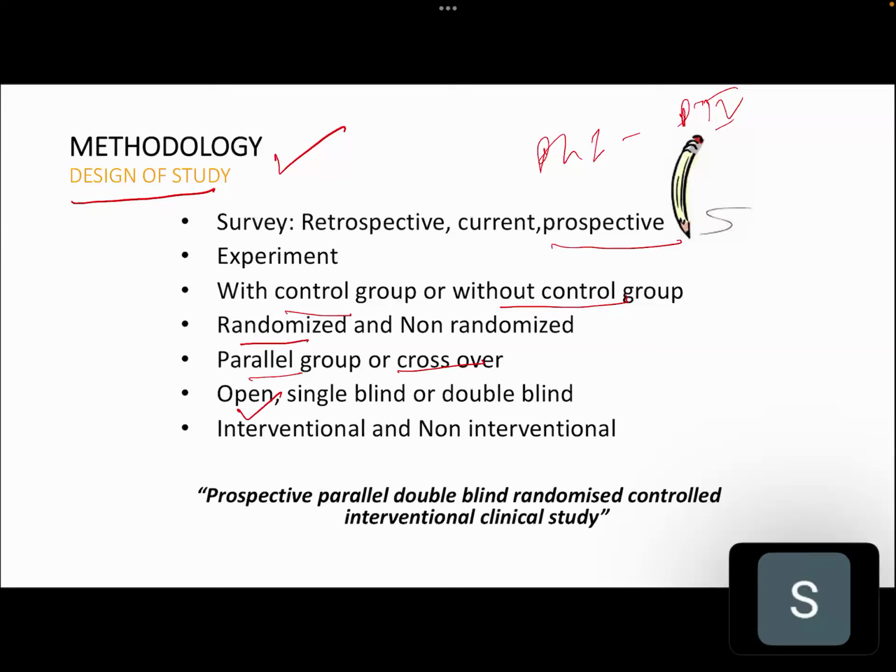Is it open label, single blind, double blind? Single blind is where the patient doesn't know. Double blind, the research team as well as the patient doesn't know which treatment is administered. Is it an interventional trial or non-interventional? Interventional means you are giving a new drug. Non-interventional, suppose you're just observing, you are not giving a new drug.